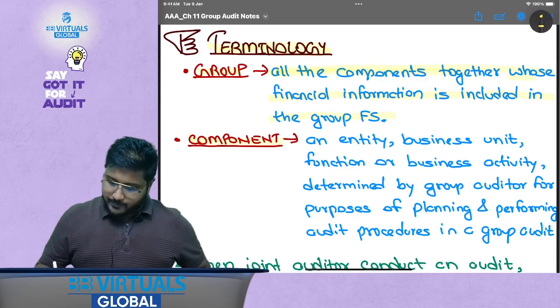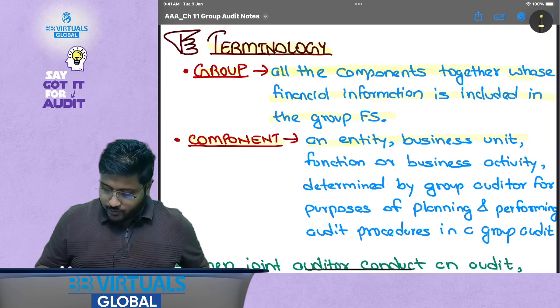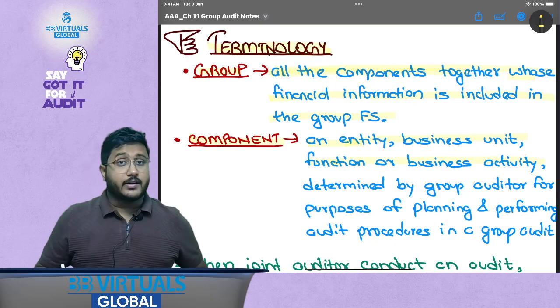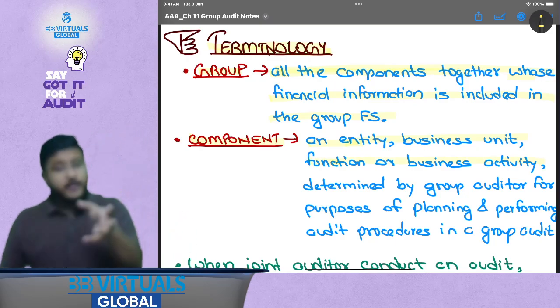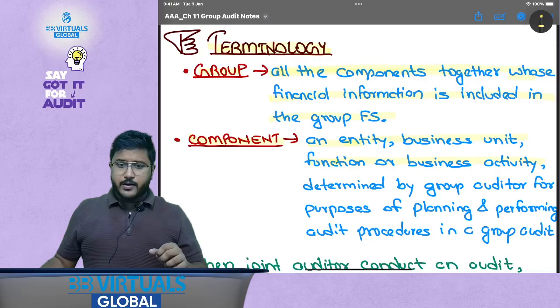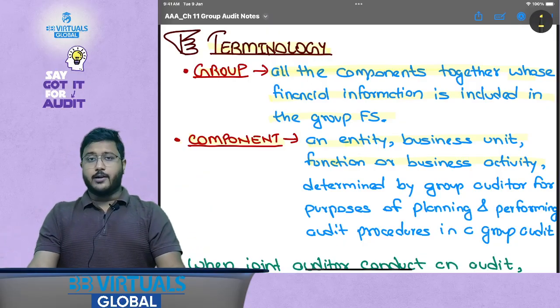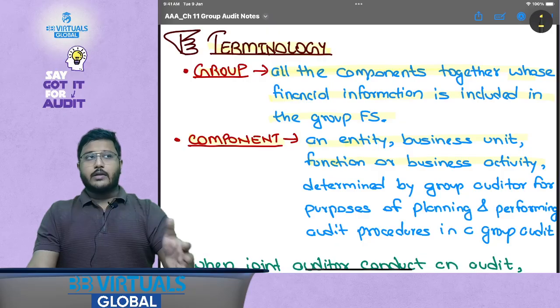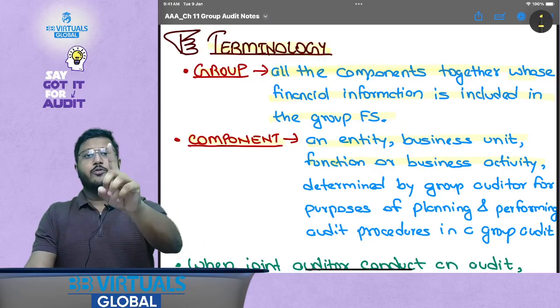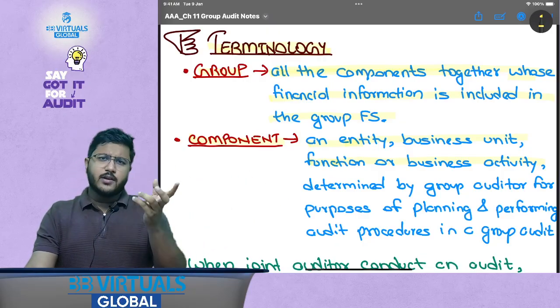Now what is a component? An entity, business unit, function, or business activity. It could be a separate company, it could be one part of a company also. Sometimes the overall company is not material, but one part is very material, or the overall company is material but it has 100 departments, out of which only one part is considered material. Can that happen? Yes, that could happen.